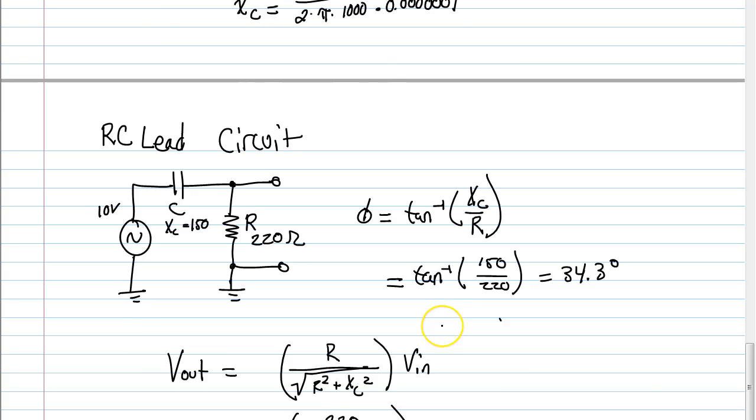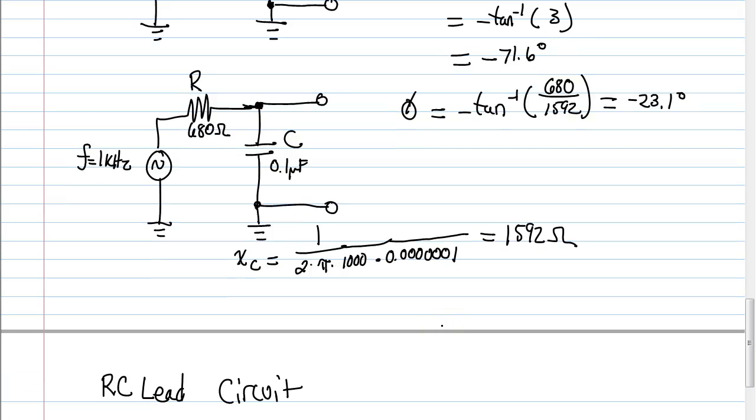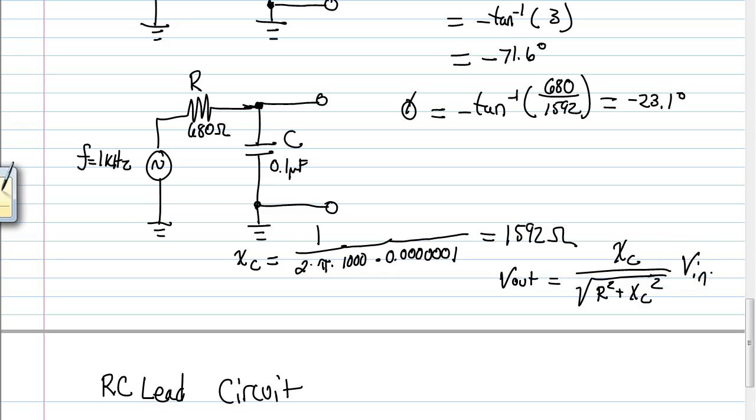The only difference between that and the lag circuit, when you compute voltage output on the lag circuit, it's X of C over the impedance, times voltage at the input.